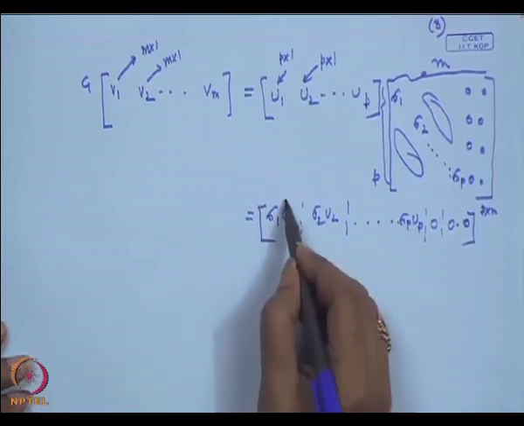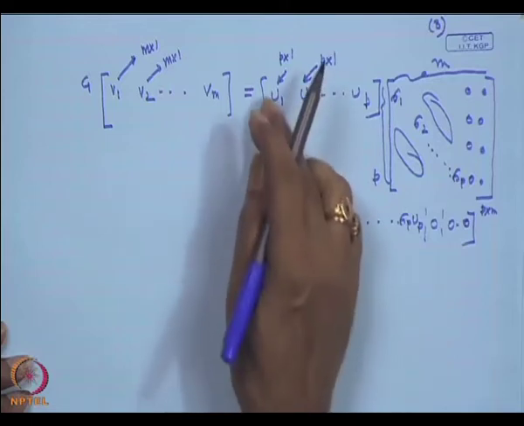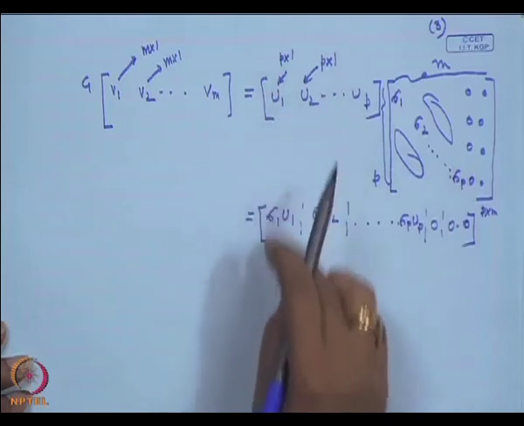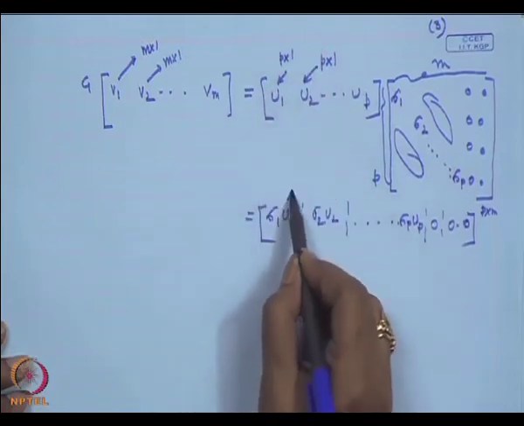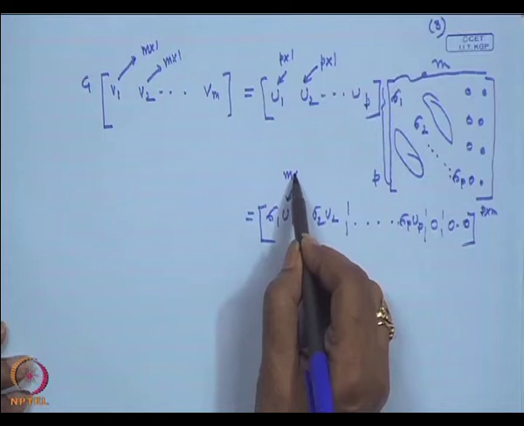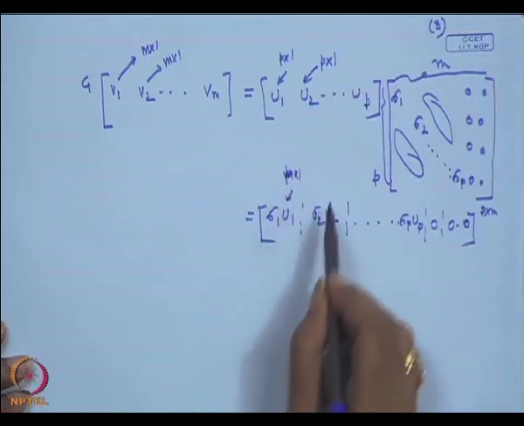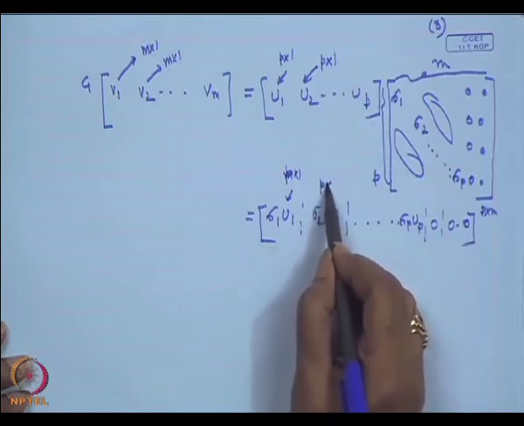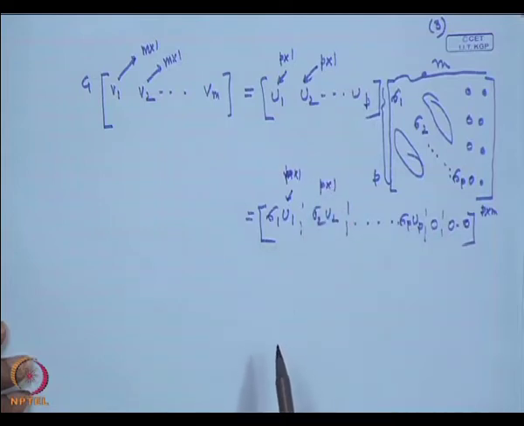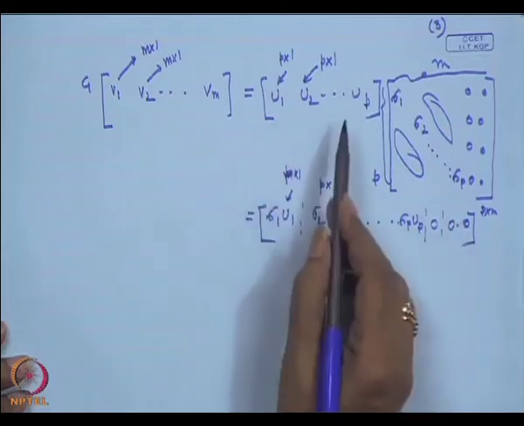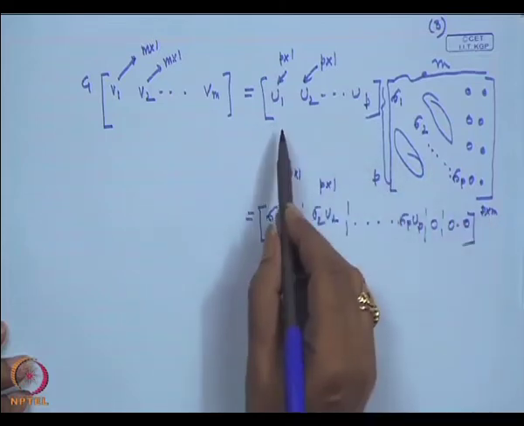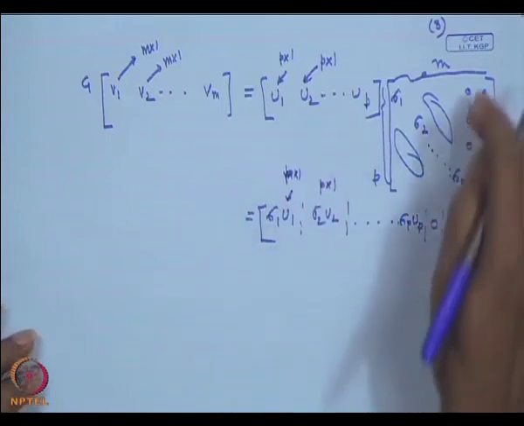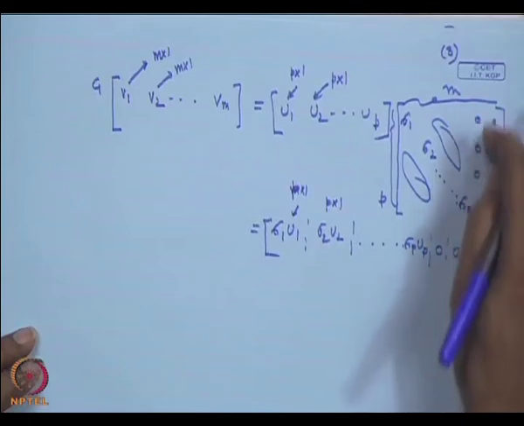If you multiply u 1 by sigma 1, this is a P cross 1 vector. Similarly, each of these is also a P cross 1 vector. Agree? Ultimately it comes out because you have M vectors like this.